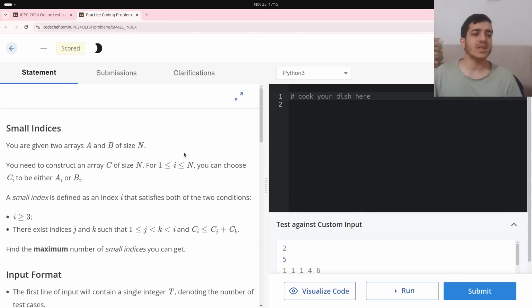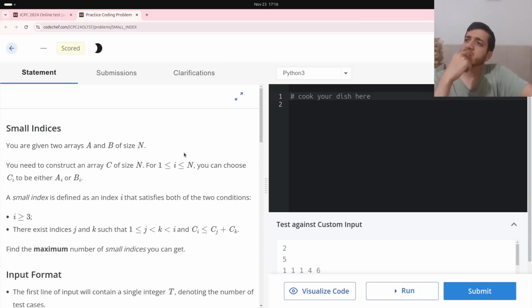Okay, it says that you are given two arrays A and B. You need to construct array C. A small index is defined as an index i that satisfies both of the two conditions: i is at least 3, and there exist indices j and k such that Ci is less than or equal to Cj plus Ck.